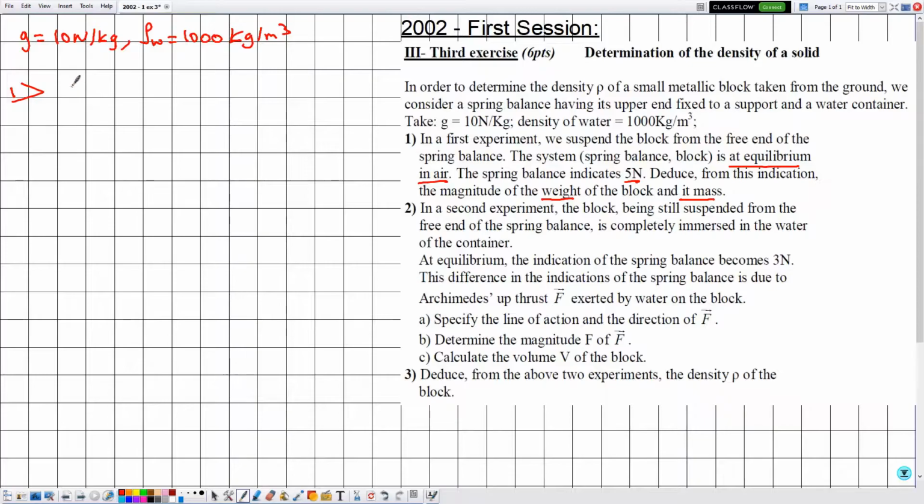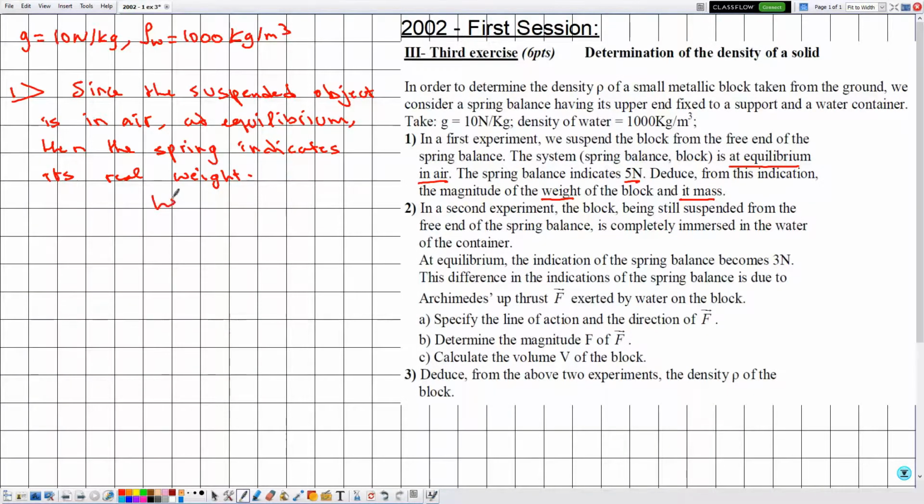Then let's say, since the suspended object is in air, at equilibrium, then the spring balance indicates its real weight, and in this case the real weight is given by 5 newtons.